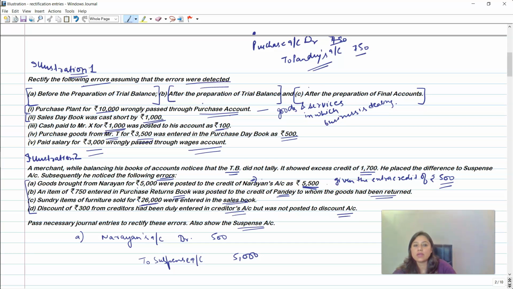And once these goods are returned, Pandey's account needs to be debited, right? However, the error that was done was that Pandey's account, instead of being debited, has been credited.